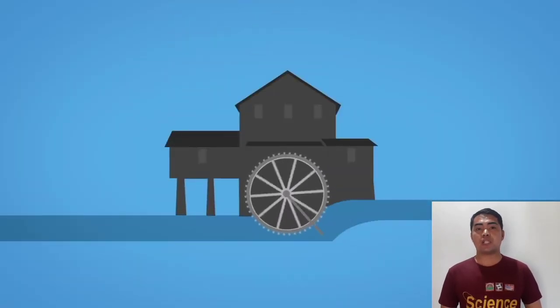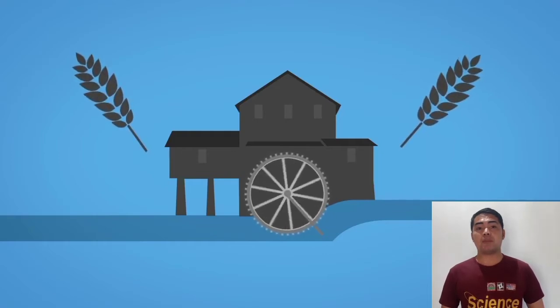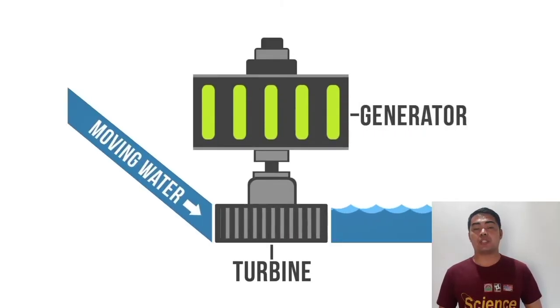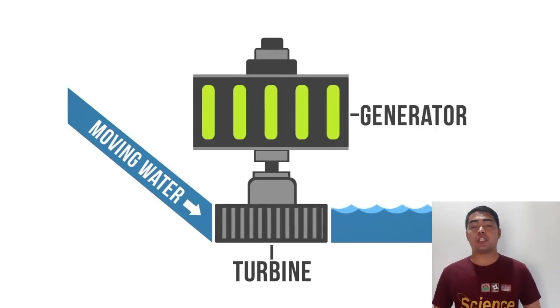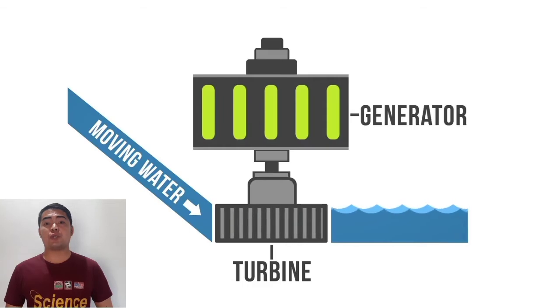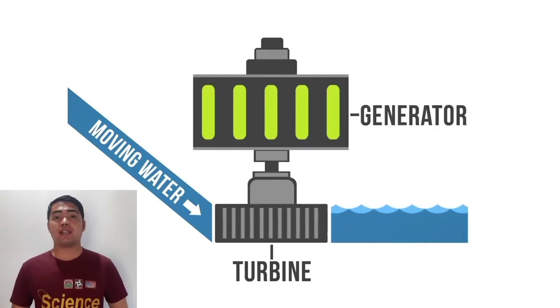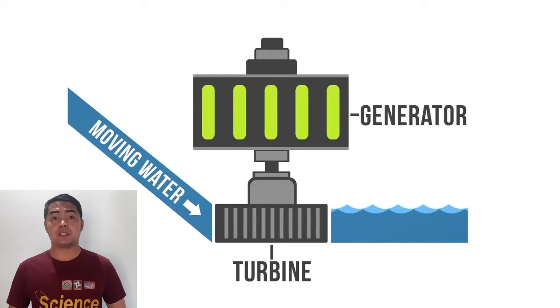One of the first uses of hydropower was mechanical milling, grinding grains, but today, modern hydro plants produce electricity using turbines and generators. The mechanical energy created by moving water spins rotors on a turbine. This turbine is connected to an electromagnetic generator which produces electricity when the turbine spins.